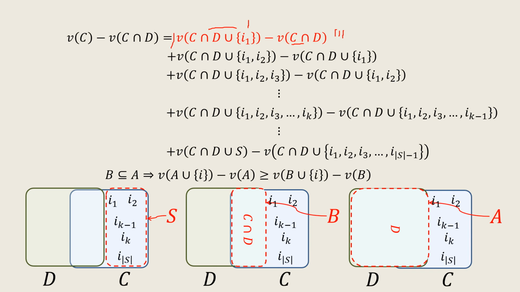Therefore, I will be replacing this with a less than or equal to sign. And I'll do the same thing for these two terms here, replacing them with something that's more than these two terms together. And I'll keep on doing the same thing, and therefore this less than or equal to will hold everywhere.